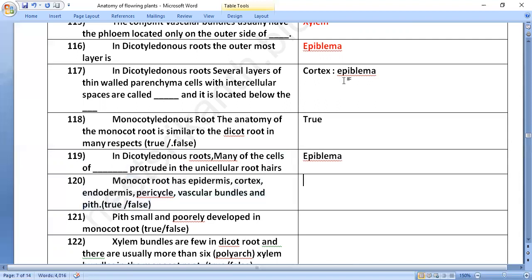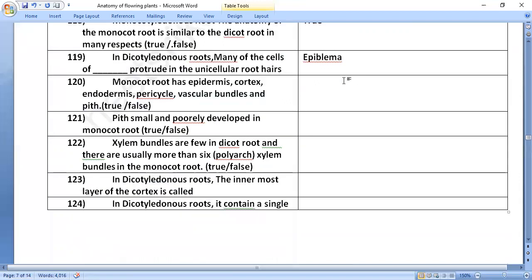Monocot root has epidermis, cortex, endodermis, pericycle, vascular bundles. True. Pith, small and poorly developed in monocot root. False.